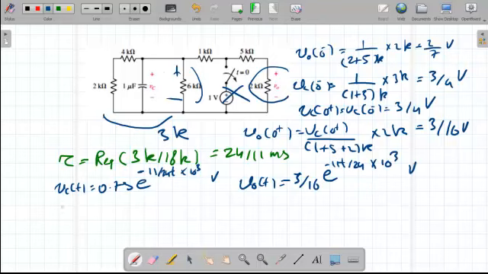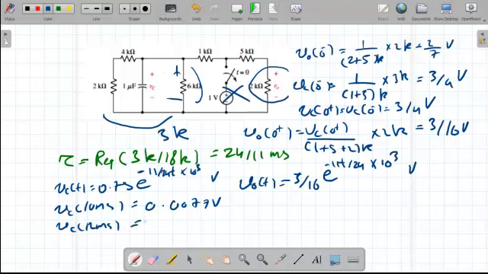Then VC at 10 millisecond will equal 0.0077 volt. VC at 12 millisecond will equal 0.0031 volt.